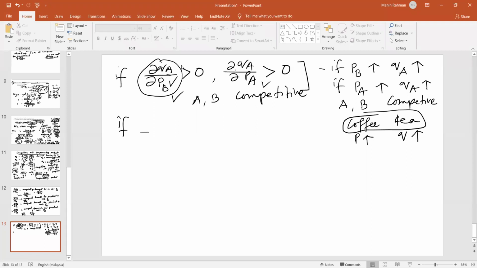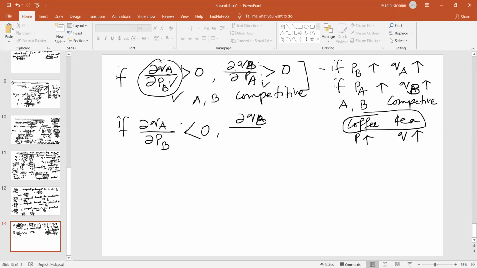Then suppose the marginal demand is negative. I'm sorry, this will be delta QB. If PB increases, QA changes, and if PA increases, QB changes.